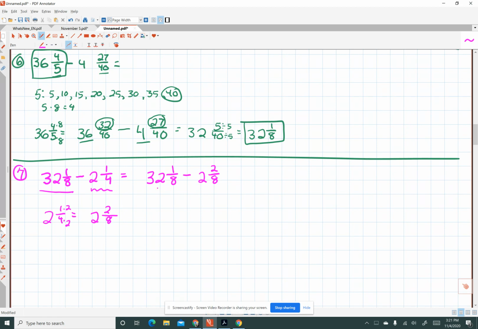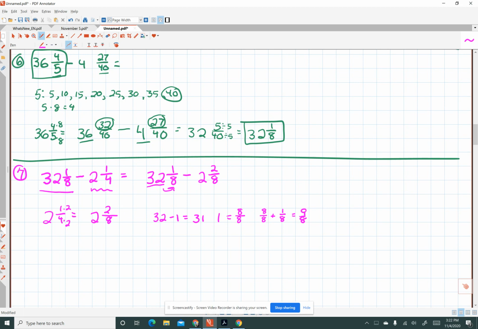So I'm going to borrow 1 from the 32 and add it to the 8. So 32 minus 1 is 31, and 1 equals 8/8. So I'm going to add 8/8 to 1/8 for 9/8.